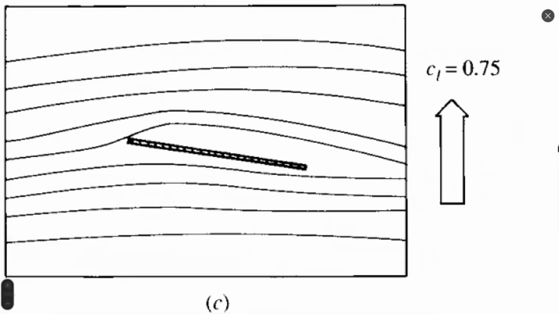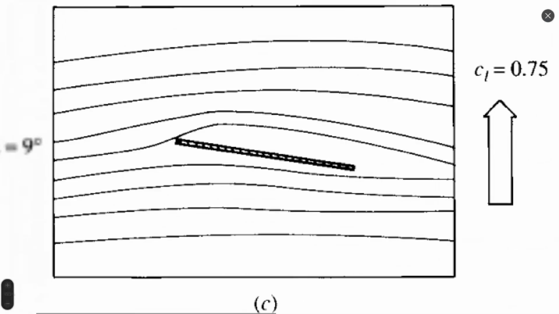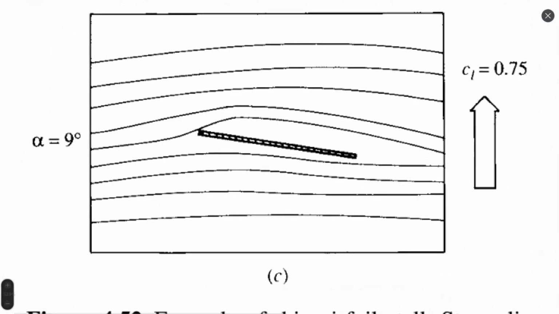So here in this region with the 9 degrees angle of attack, we can assume that flow separation happens everywhere.